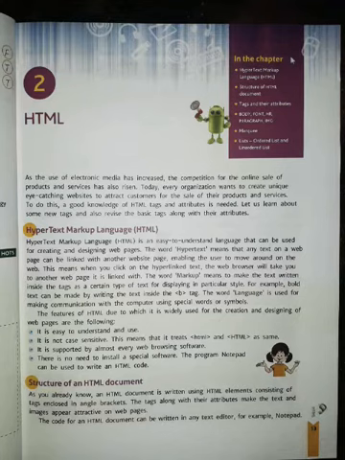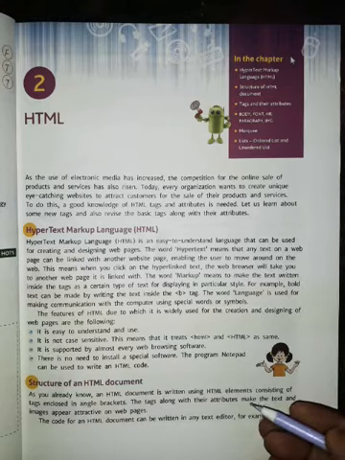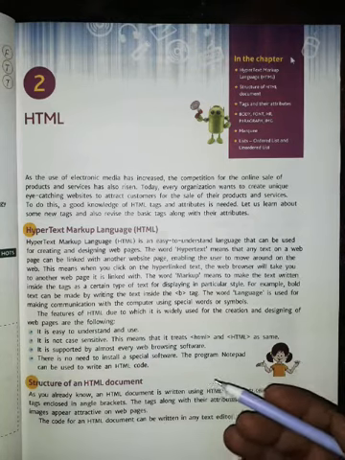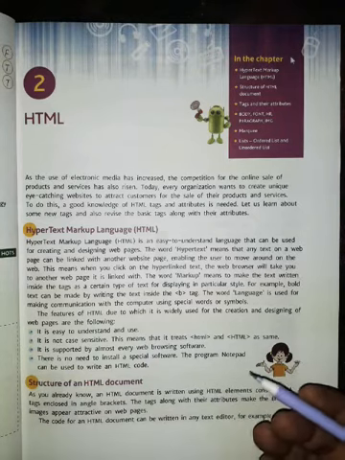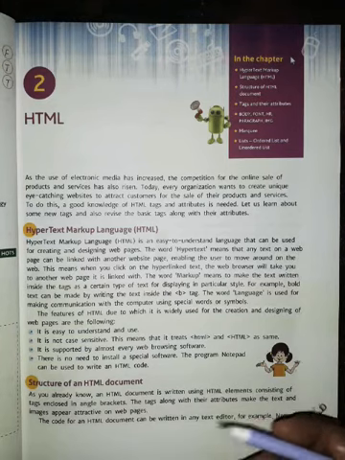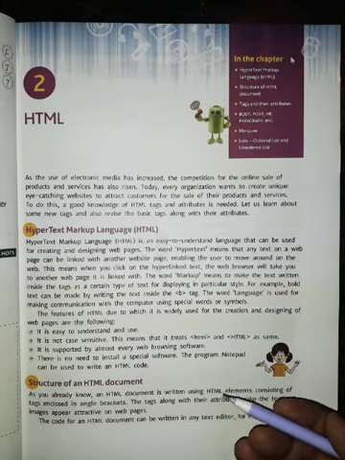Originally, HTML was developed to define the structure elements of documents, like headings, paragraphs, lists, etc. Now HTML is widely used to format web pages with the help of the different tags available.